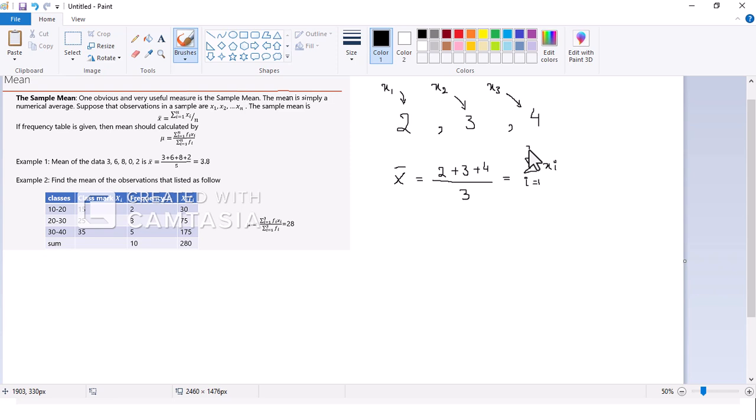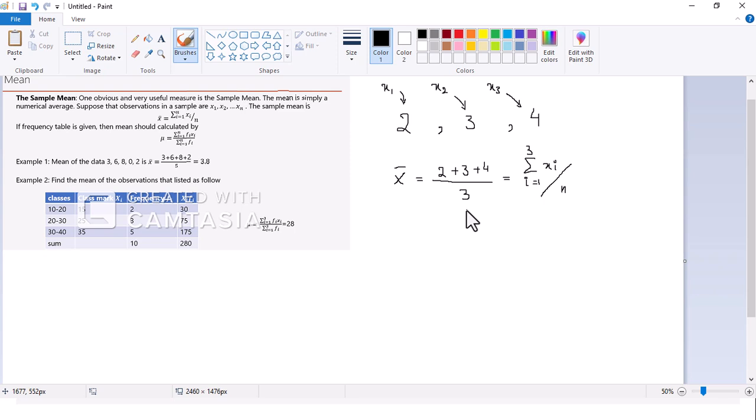We add them and divide by the number of data, n, which is equal to 3. So we add 2 plus 3 plus 4 and divide by 3. This is the method of calculating the average or the mean for a sample.